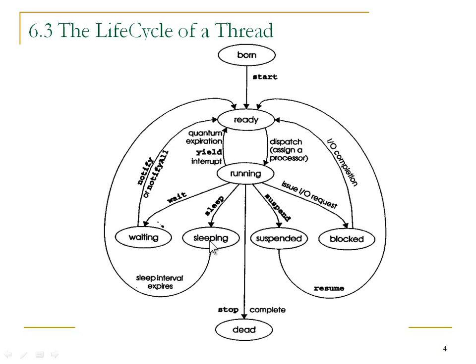When you go to sleep, you're in the sleeping state. When the time expires, you go back to the ready state, ready to be given the processor again. And when you are I/O blocked, the only way to get out of this blocked state is that that I/O request is satisfied, and that puts you back into the ready state.